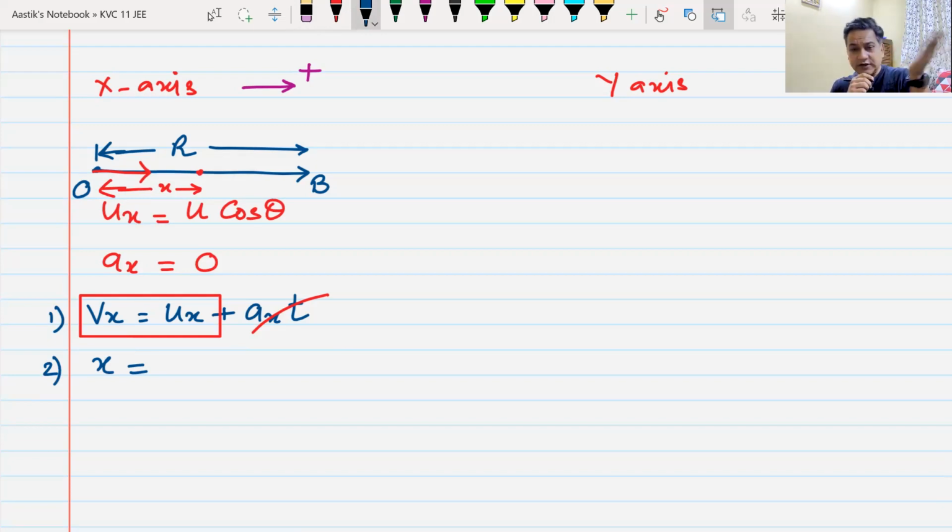Position or displacement along x-axis. How do I get it? No one knows?